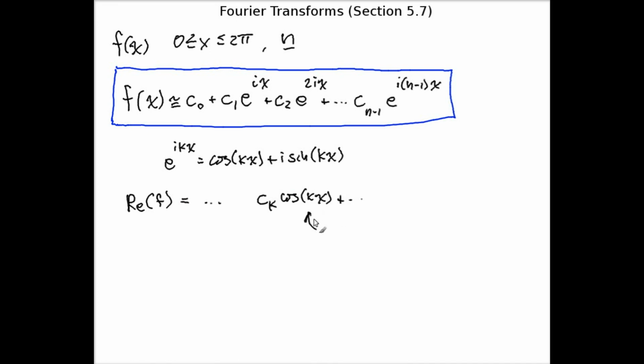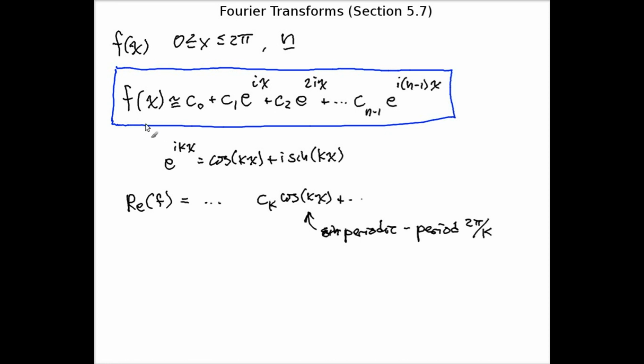And this is a periodic function with period 2 pi over k, and so this is approximating the real function by a bunch of periodic functions of various periods or frequencies.